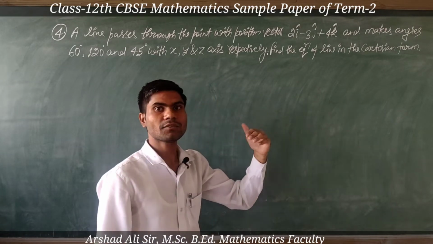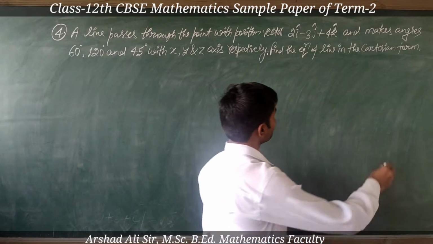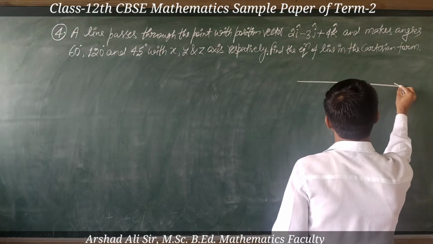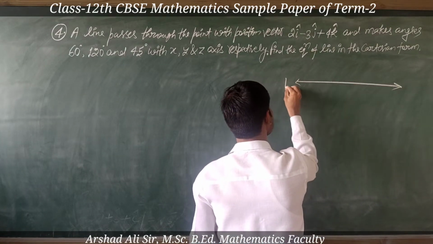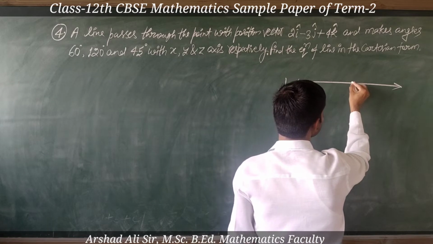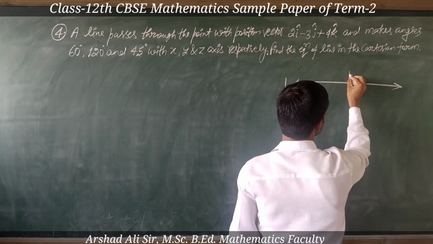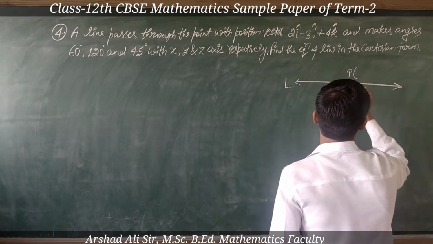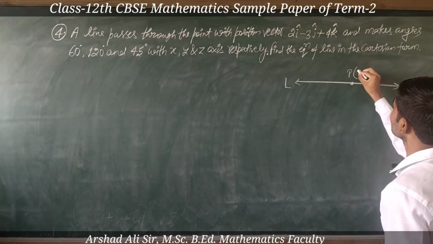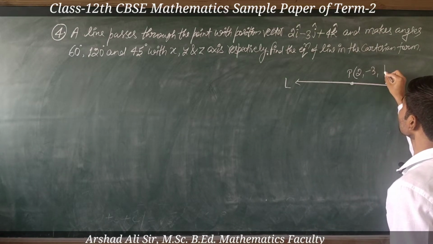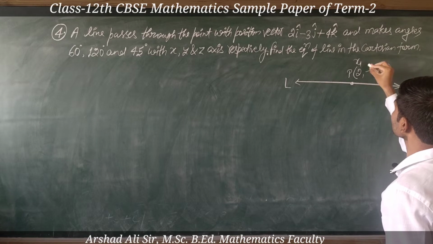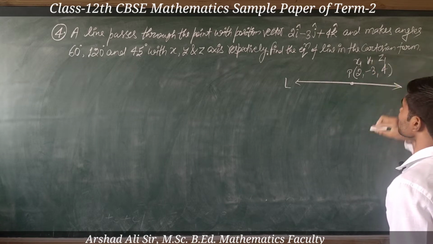Cartesian form means in the form of x, y, z. Suppose we have a line, capital L. It passes through any point P and coordinates of P are 2, minus 3, 4. We can write here x1, y1 and z1.